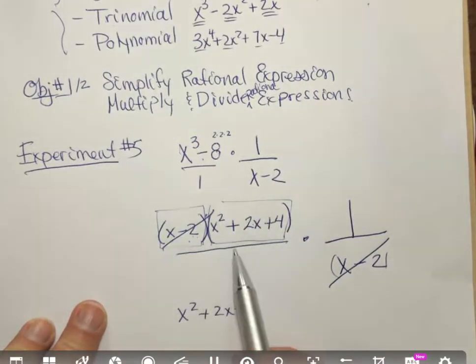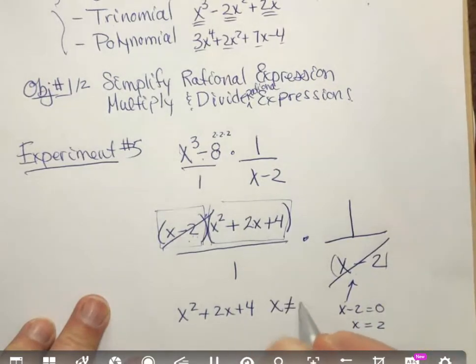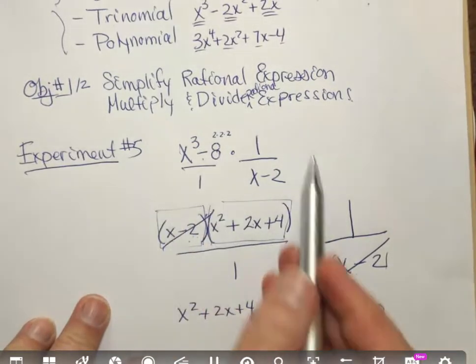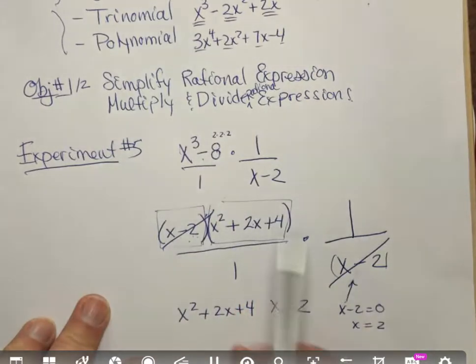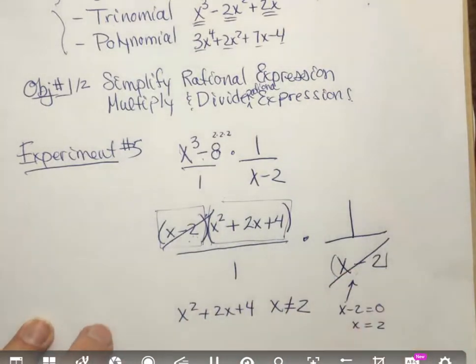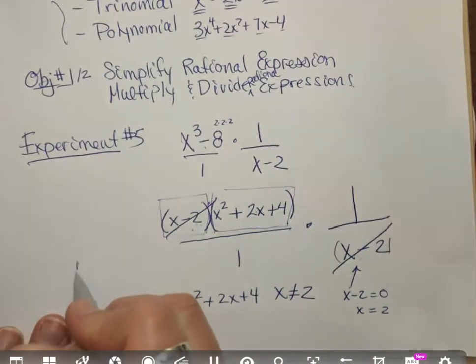Now, what made my denominator equal to 0 originally? It was when x equals 2, because x minus 2 equals 0, so x equals 2. So we know x cannot equal 2, because in the original form of this problem, that was considered undefined, even though it canceled. If we think about a graph for this, the graph would be around 2.